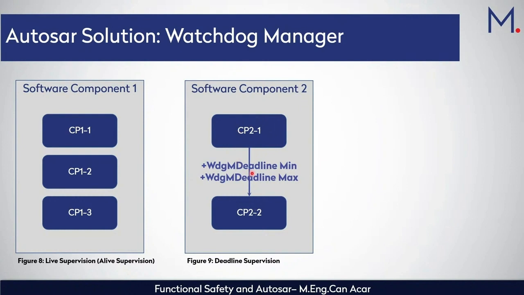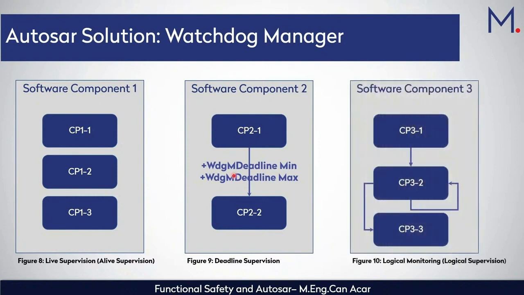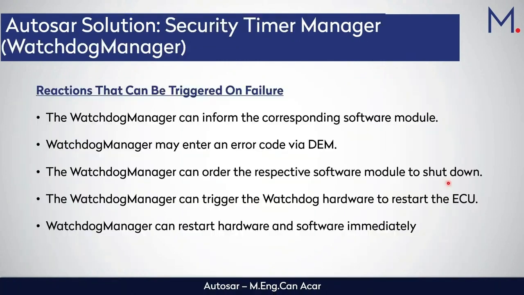The resulting value is expected to be higher than the minimum value allowed and lower than the maximum value. There's also logical supervision, which allows us to check if the software is executed in the defined logical states.